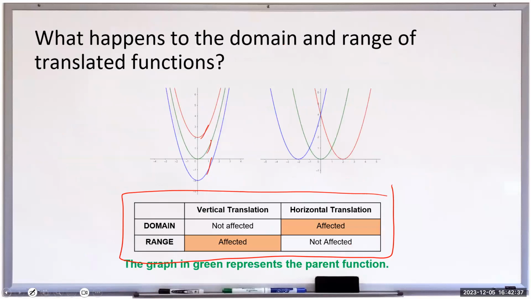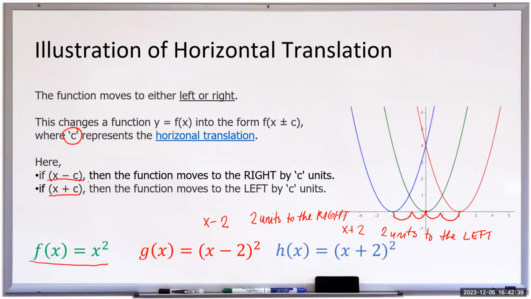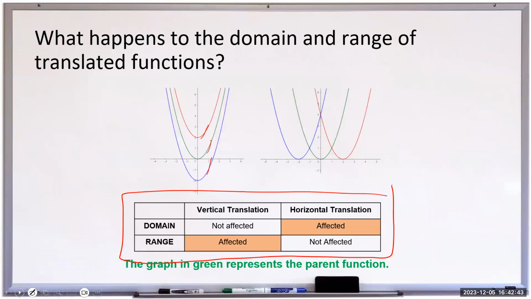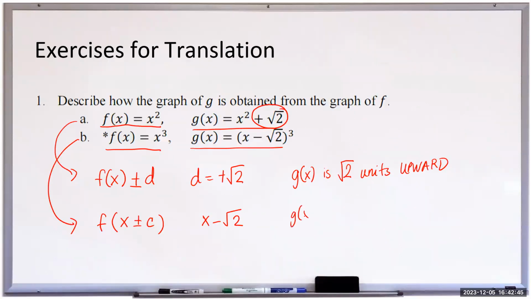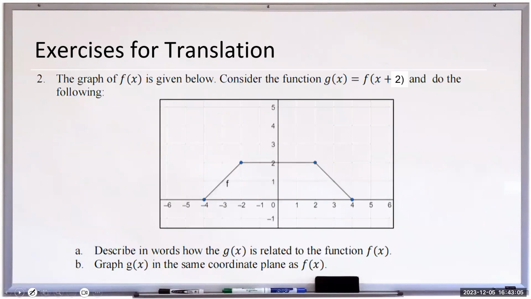If we recall, x minus c moves the function to the right. So there is a movement of square root of 2 units to the right. Okay? So that's how you identify the type of translation based on the given equations.